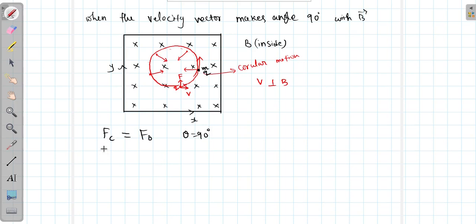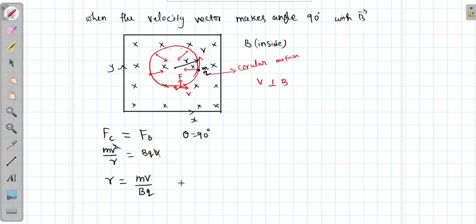Therefore, the centripetal force, mv squared by r, where r is the radius, m is the mass of the charged particle and v is the linear velocity, is equal to Bqv. v squared and v get cancelled, and the radius made by the charged particle is equal to mv divided by Bq.